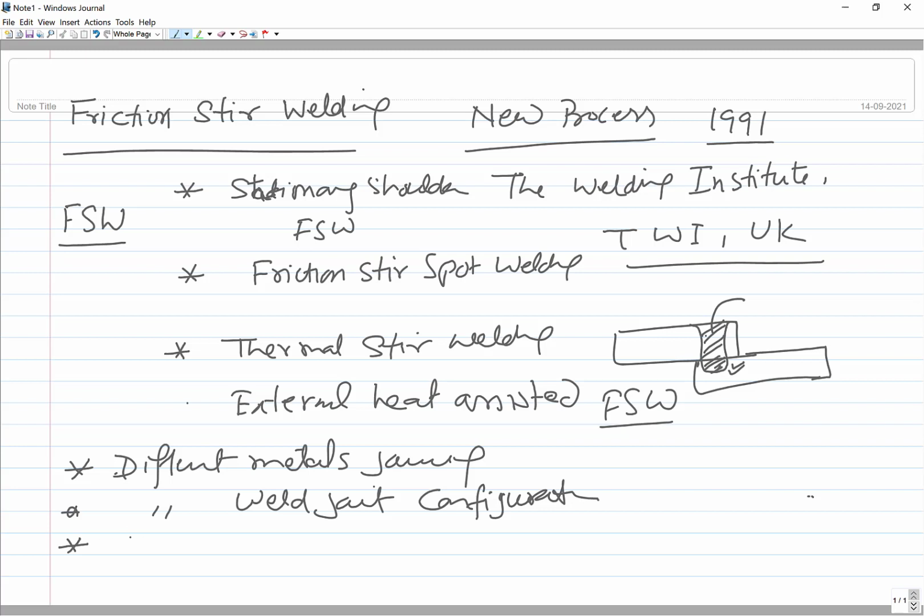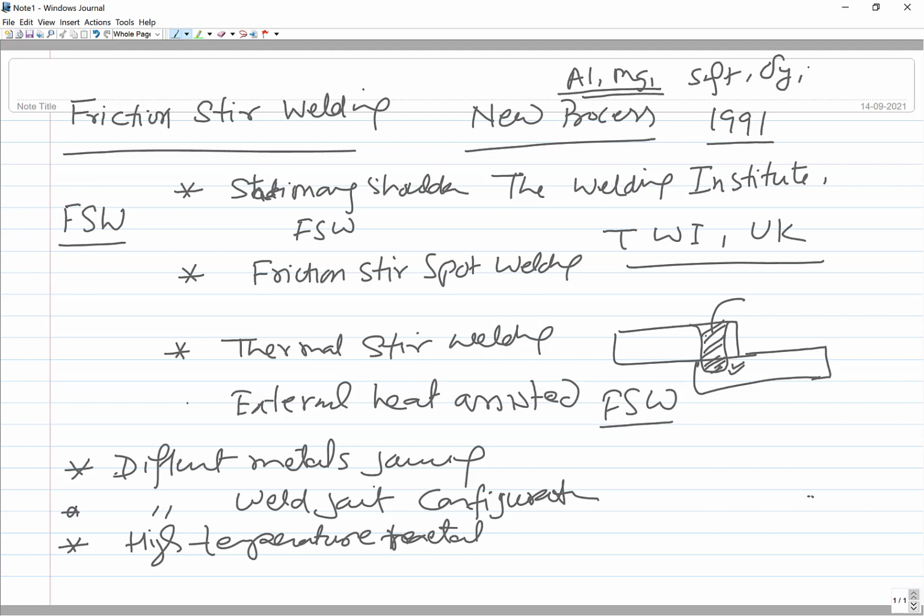The third area on which work is done in friction stir welding is joining of high temperature metals. The process was initially developed for low temperature metals, like TWI initially developed FSW for low temperature metals like aluminium and magnesium, which are relatively soft, of low yield strength and good ductility.